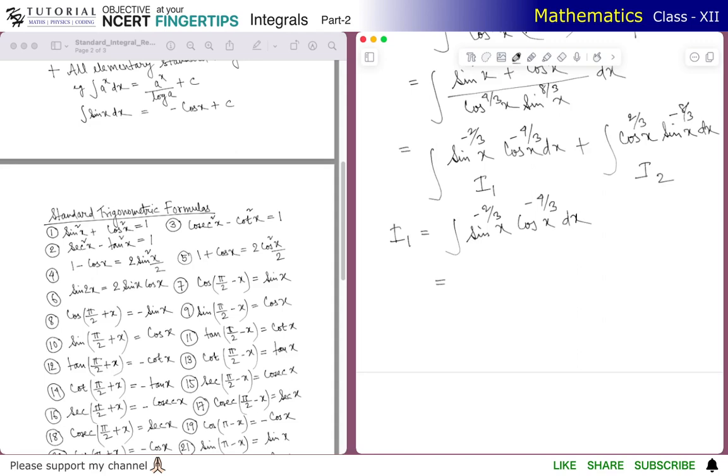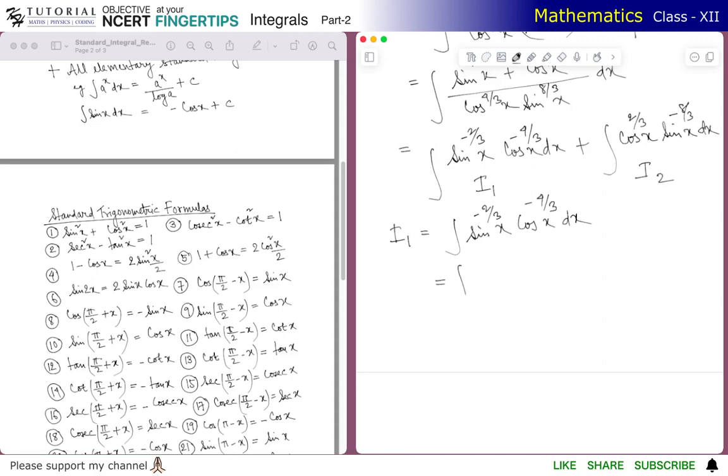Should we simplify it further, or should we now substitute sin x or cos x as t? If we substitute cos x equals t, we get sin x dx equals dt. Sin x dx, cos x to the power minus 2 by 3, square.